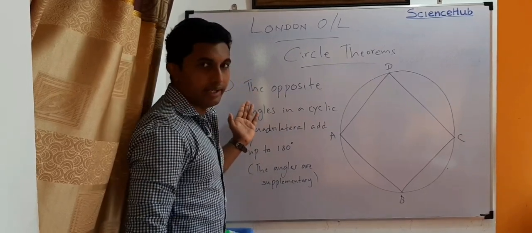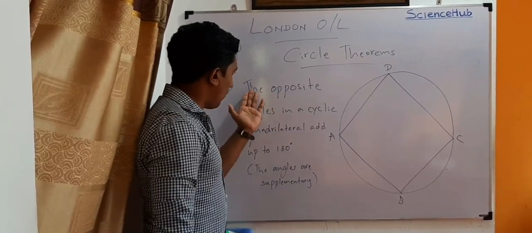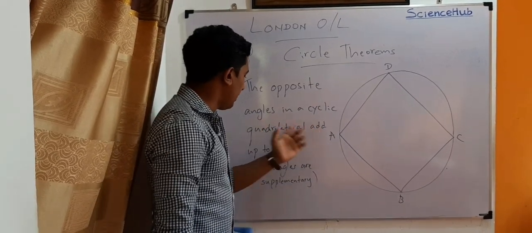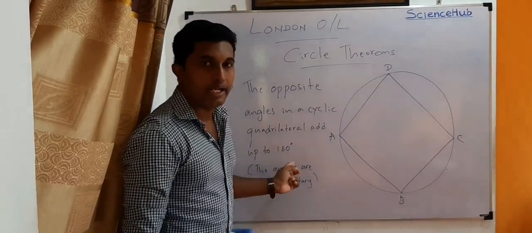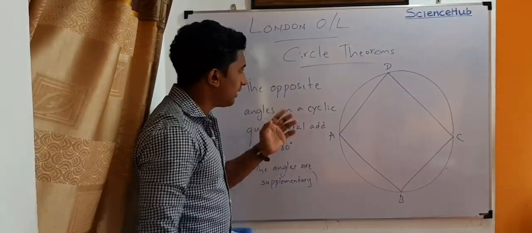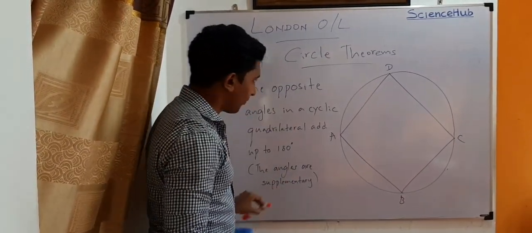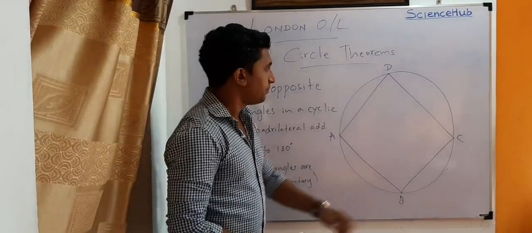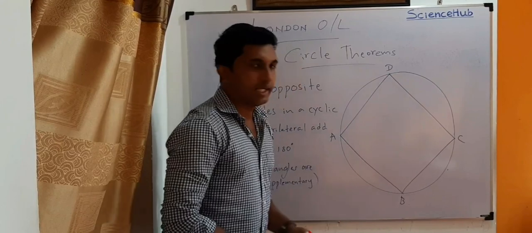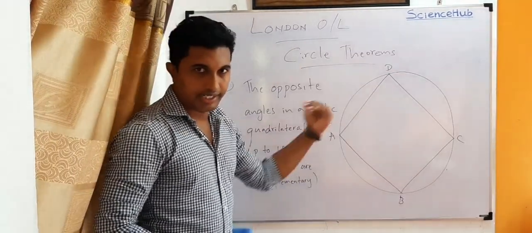The third circle theorem is: the opposite angles in a cyclic quadrilateral add up to 180 degrees. What are the opposite angles? ABCD is a quadrilateral in a circle.